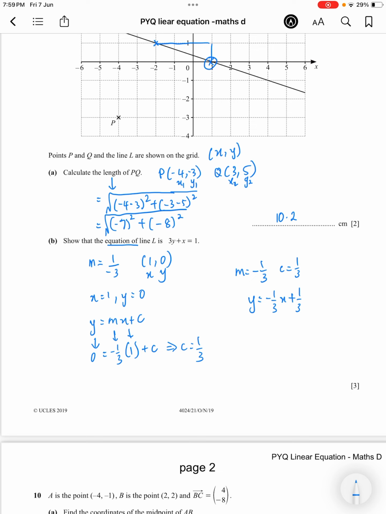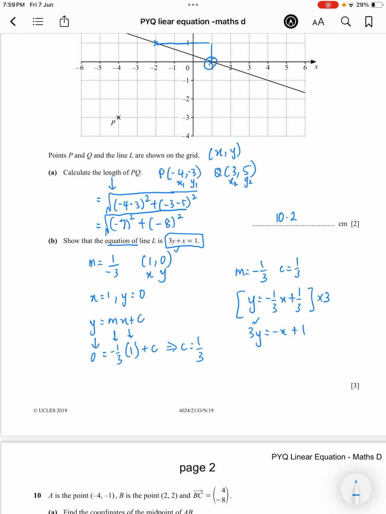But look, you don't have a denominator here, so the answer is not complete yet. We can balance by multiplying each term by 3. So we have 3y equals -x plus 1.